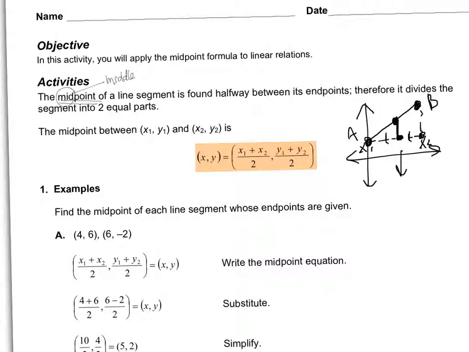So you can think of it as the average of the two. We would then say, alright, let's add x1 and x2 and then divide it by 2. That would give you the middle point.